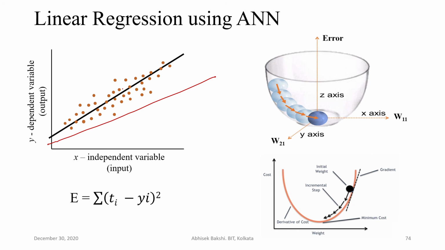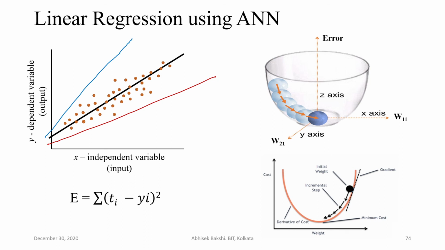In this particular example, we have started from here. But it does not mean that the error always starts from this direction. Maybe you can start from here also. It depends on the value of W11 and W21, because just like we have seen, if we take another arbitrary value for W11 and W21, maybe I will start from this side.